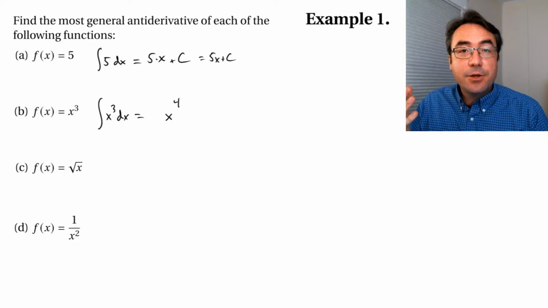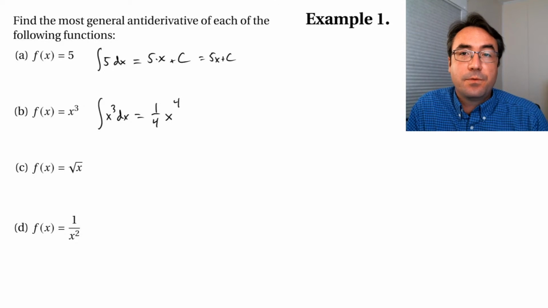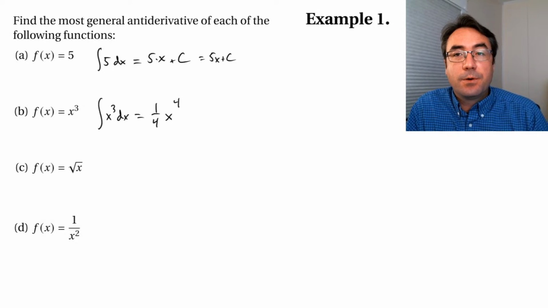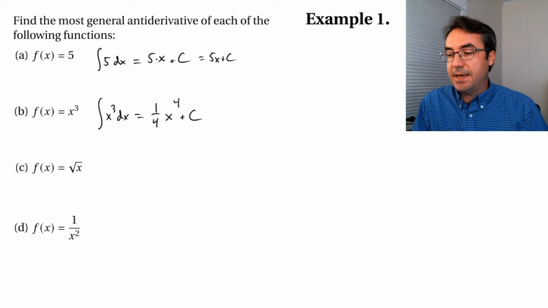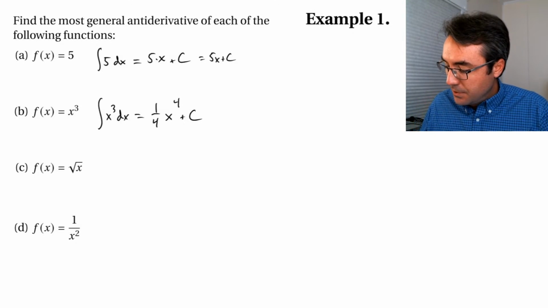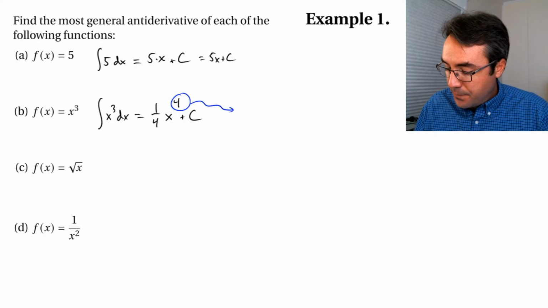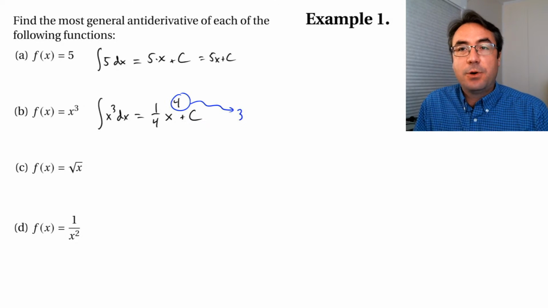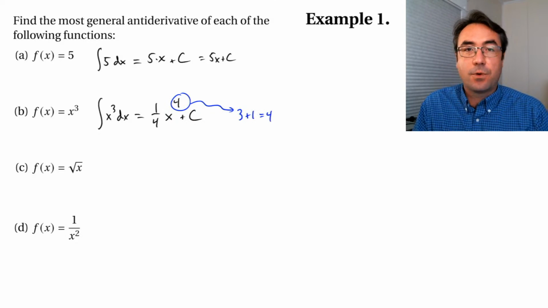And then we take that new exponent and flip it and put it in front, so 1 over 4. So we get 1 over 4 times x to the power 4, and then we add in our plus c at the end. So again, where does this new exponent come from? Well, it comes from our old exponent, which was 3. We add 1, and that gives us 4.